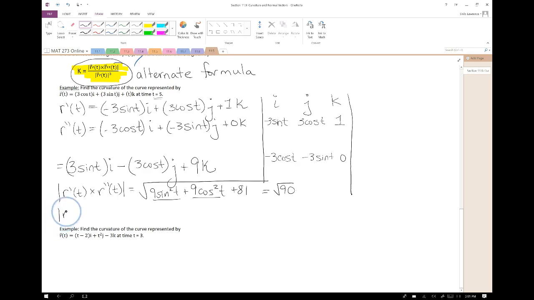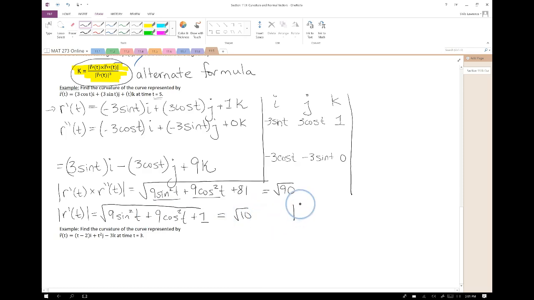Now we need the magnitude of r prime, which we cube for our denominator. So for r prime, we're going to go back up here. We're going to have 9 sine squared t plus 9 cosine squared t plus 1 squared is 1. And use the Pythagorean identity, and we get that this is just the square root of 10.